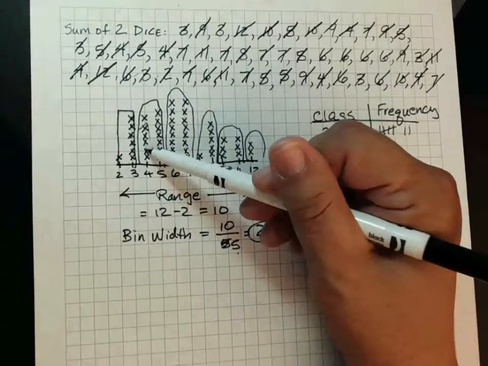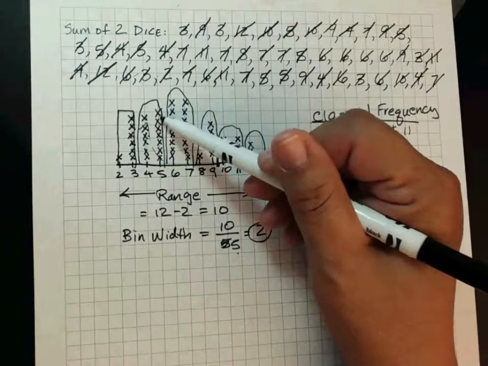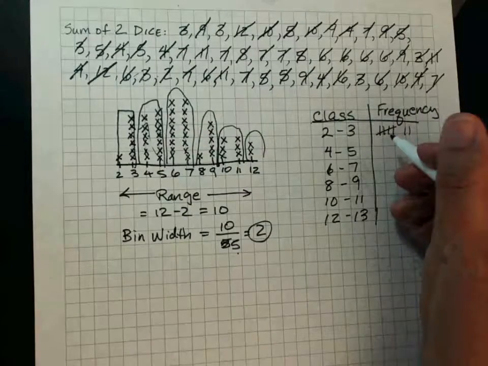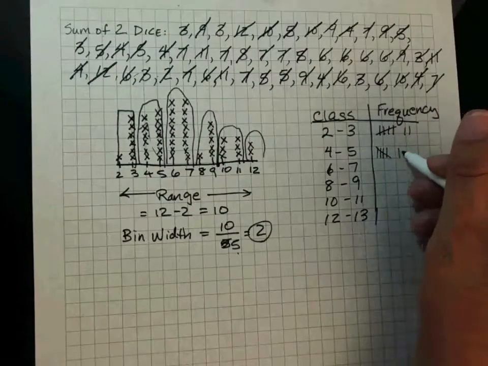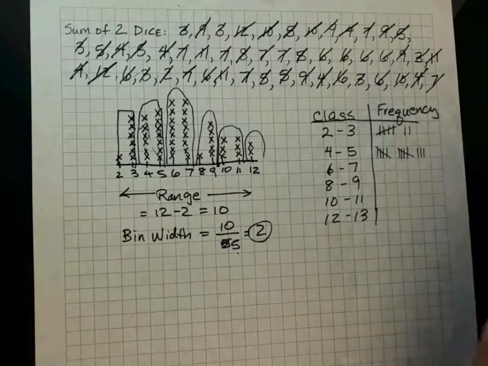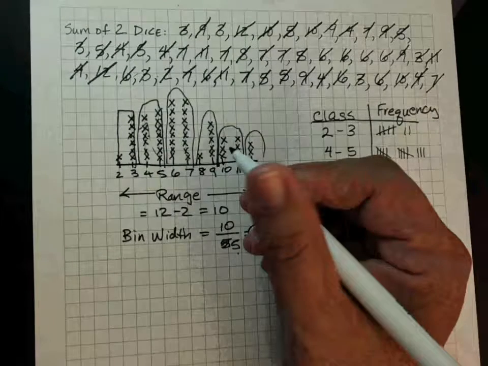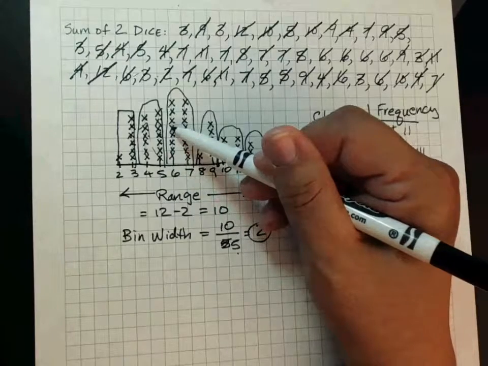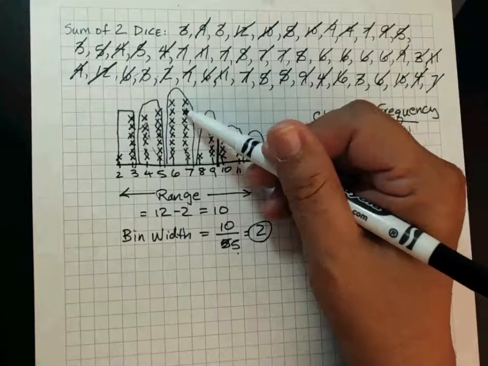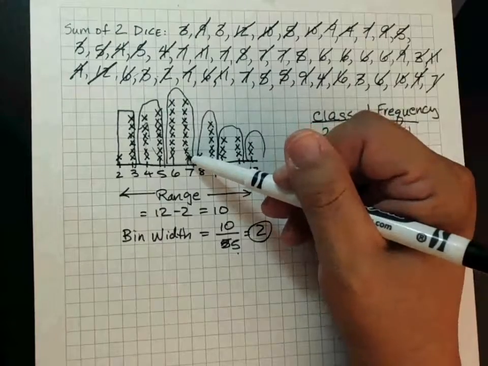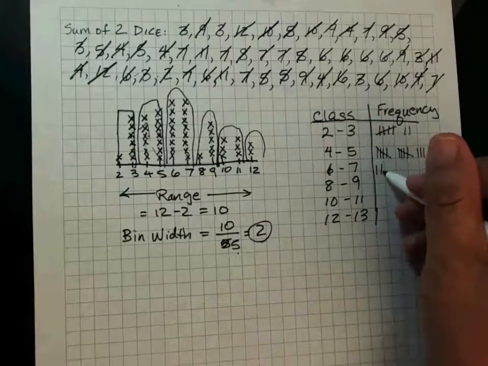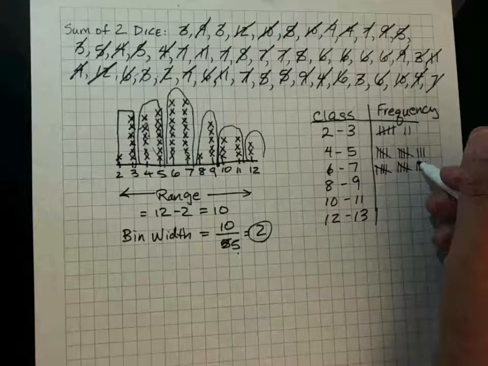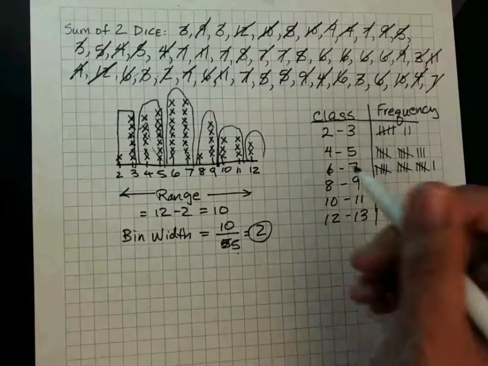Counting these up, 1 through 13. 13. This one looks pretty good. 1 through 16, which makes sense because they're both the same height. 16.